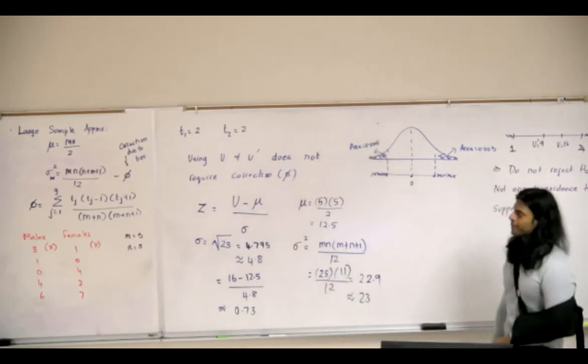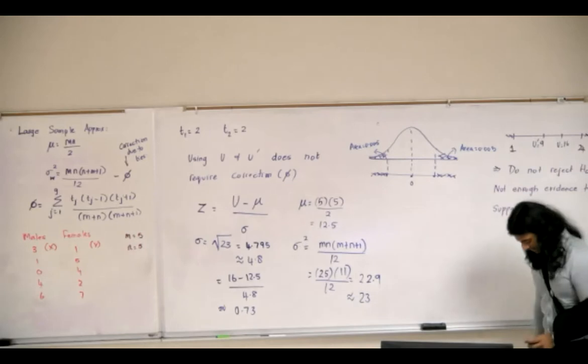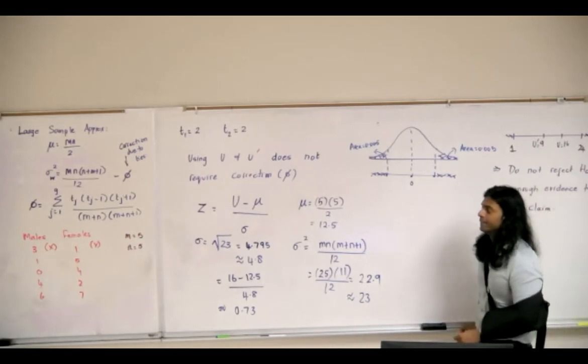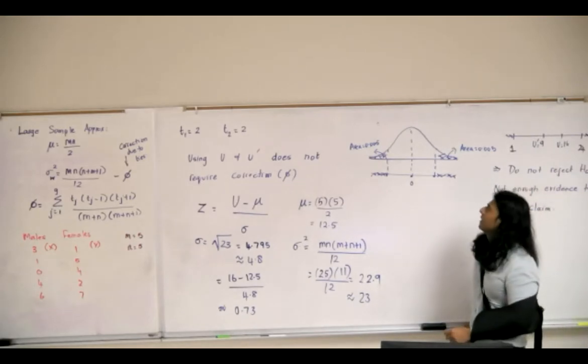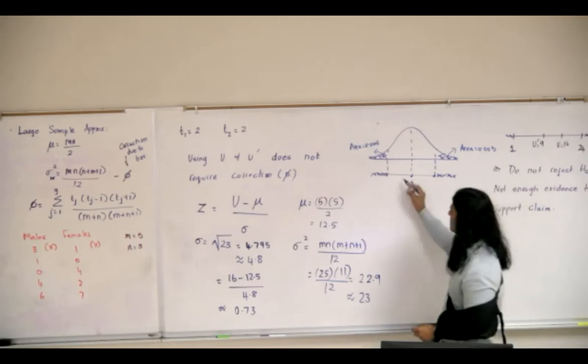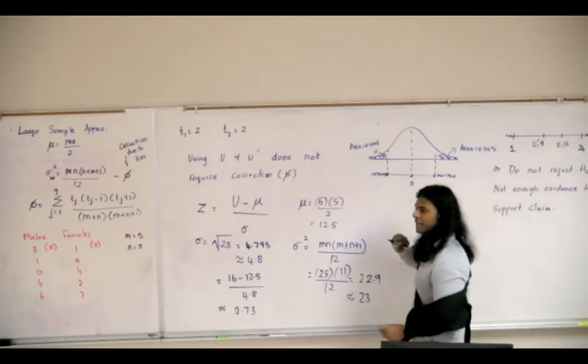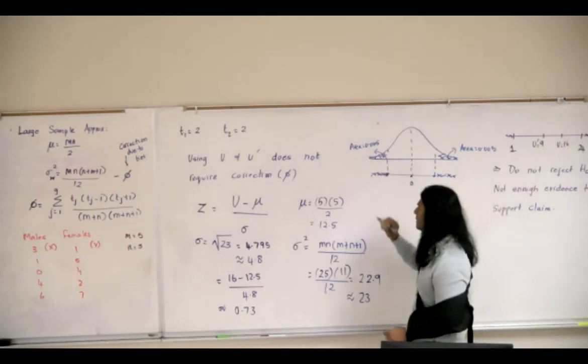Area is 0.005 under the curve corresponding to an alpha of 0.01. So if the area below is 0.005, how do we find that critical value? What function did we use?